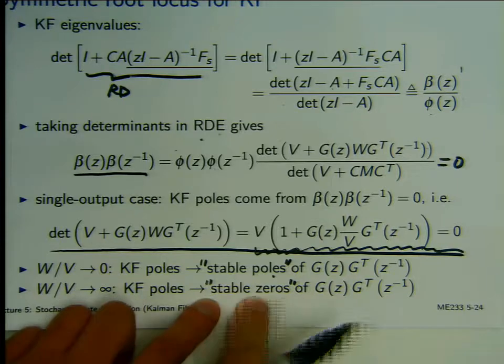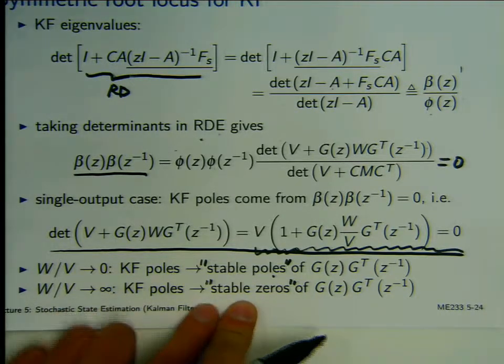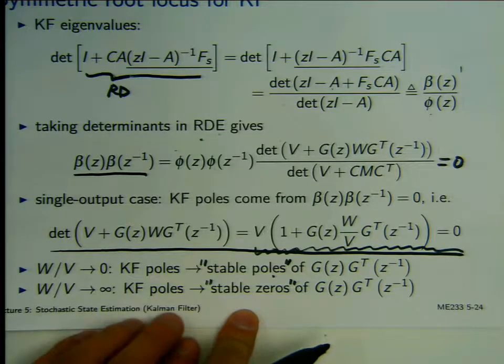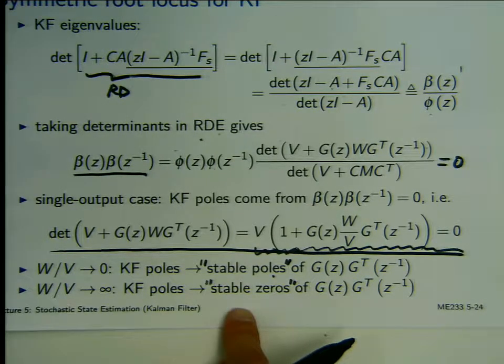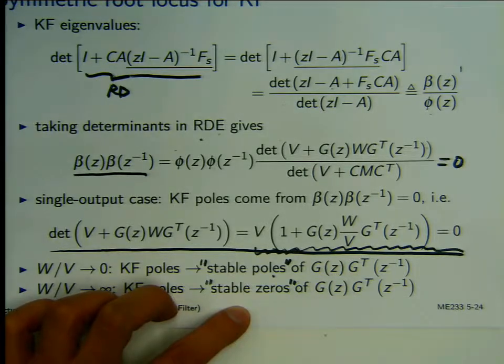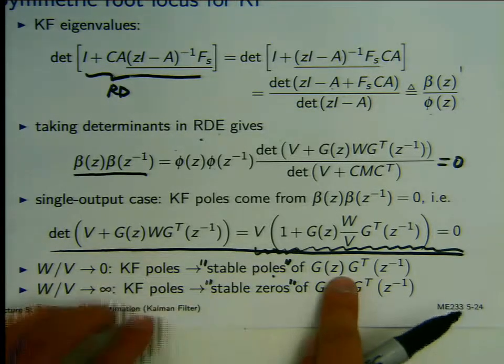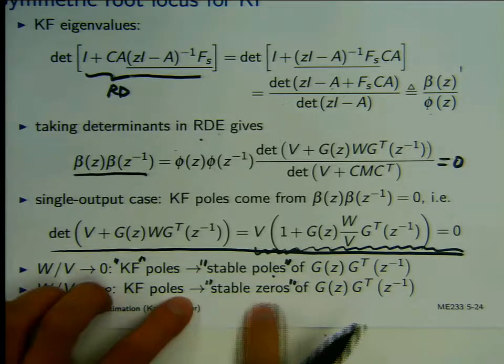Why is that? Why can I say it will go to the stable poles and zeros? That's a thing that you have to pay attention to. Even if this guy has unstable poles and unstable zeros, the Kalman filter poles will not go to the unstable ones.